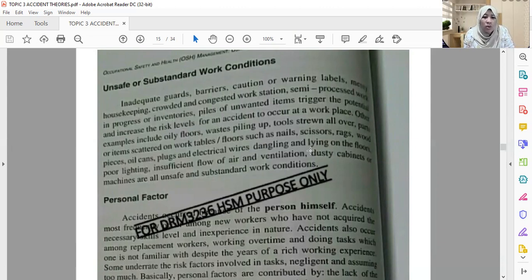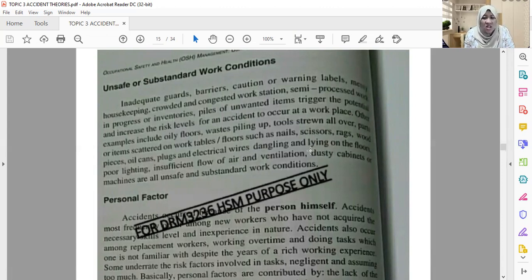Other examples include oily floors, so maybe in the kitchen, you do not use oil resistant shoes and all of a sudden it's slippery and then you fall down, and then waste piling up, tools strewn all over, especially in the workshop, for example, tools are everywhere, and parts or items scattered on the work tables, you are not putting them into boxes to make it more tidy.